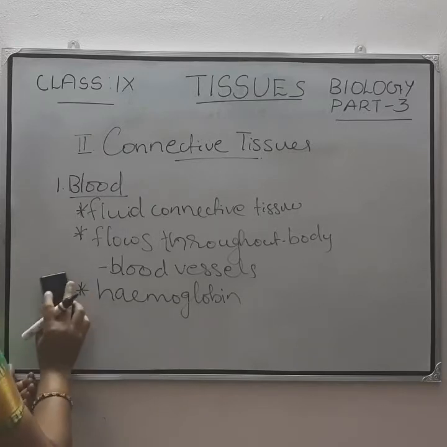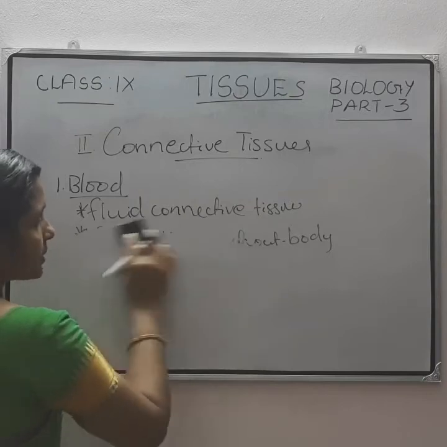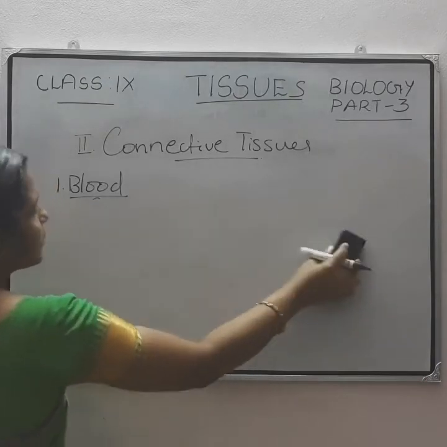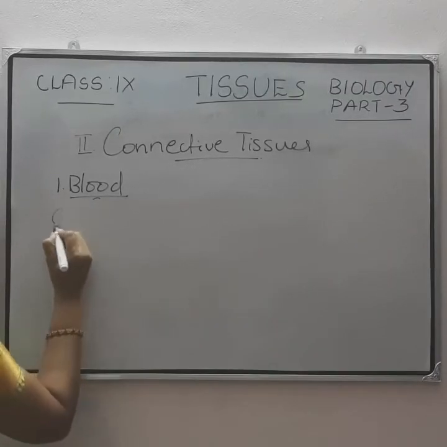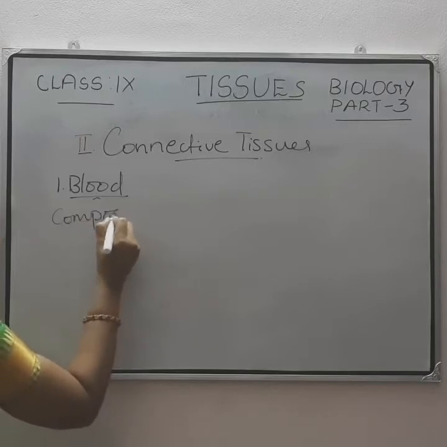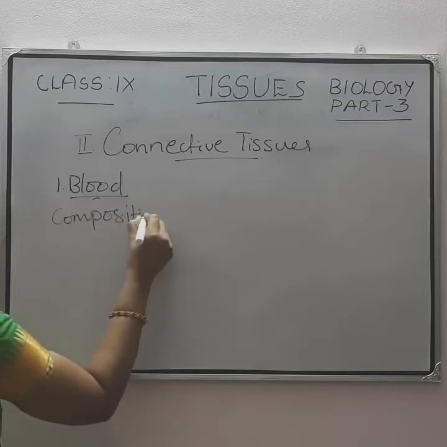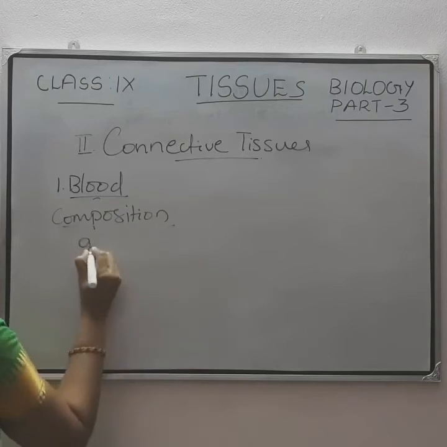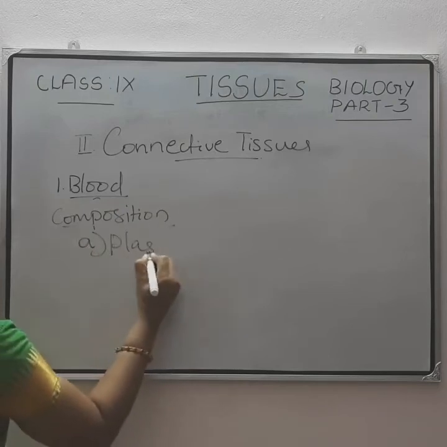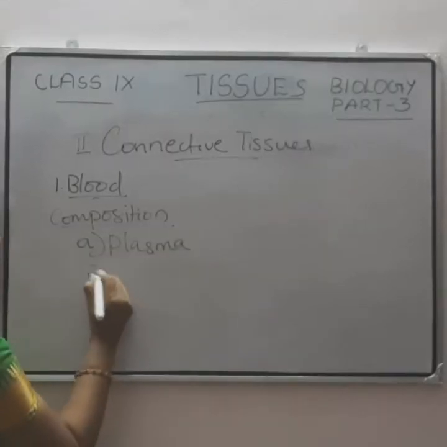Then its composition. This blood connective tissue, what is it composed of? It is composed of plasma and blood cells.